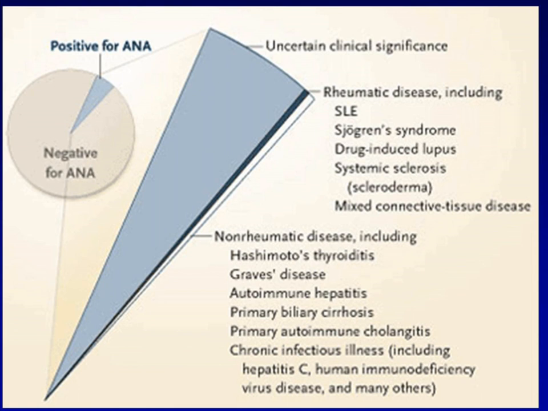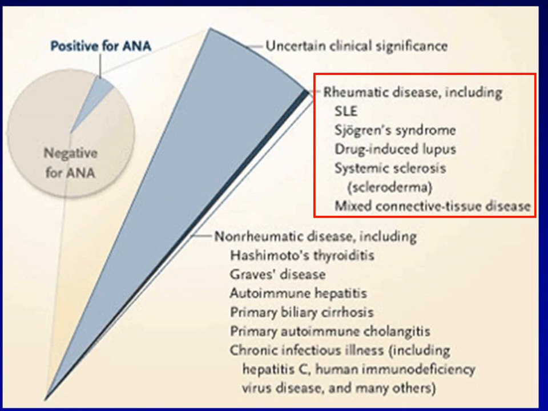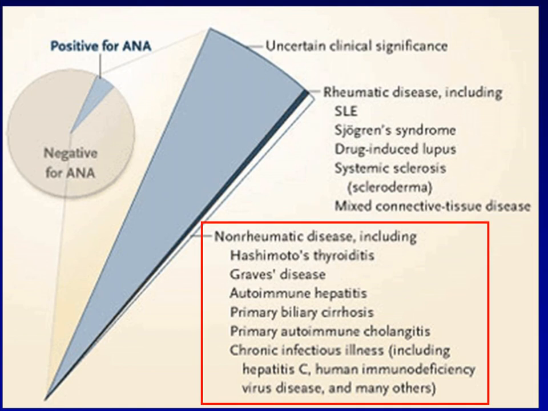In those patients who do have an autoimmune disease, this condition could be non-organ specific, which is illustrated here with the term rheumatic diseases, or it could be organ specific, which is illustrated here with the term non-rheumatic diseases. So, talking about organ specific autoimmune diseases first, these include Hashimoto's thyroiditis, Graves' disease, etc., as are listed here.